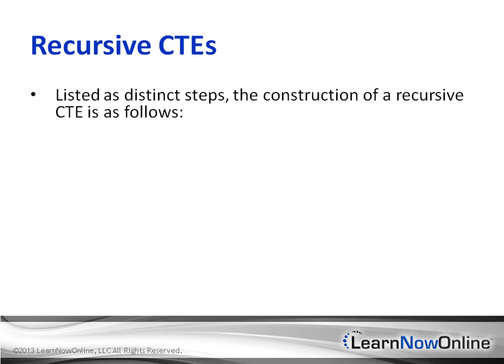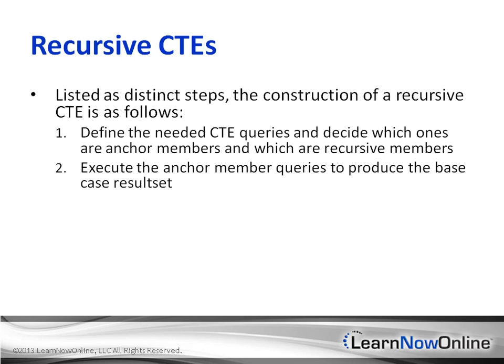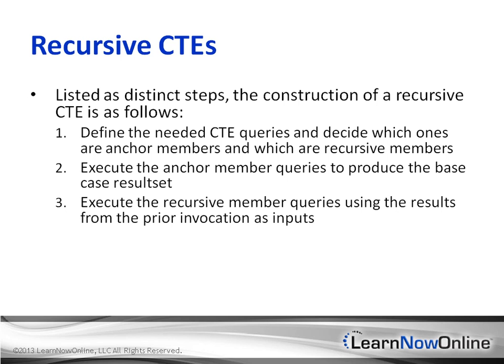So if we list these out as distinct steps, when you want to construct a recursive CTE, you'll do the following. Define the needed CTE queries and decide which ones are anchors and which ones are recursive members. Execute the anchor member queries to produce the base case. Execute the recursive member queries using the results from the prior invocation as inputs.